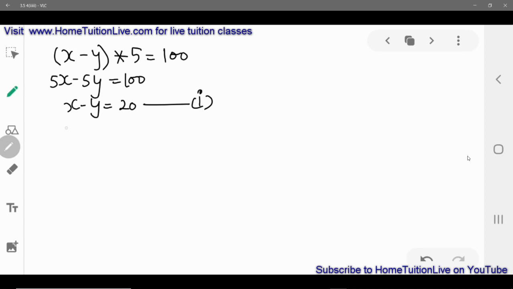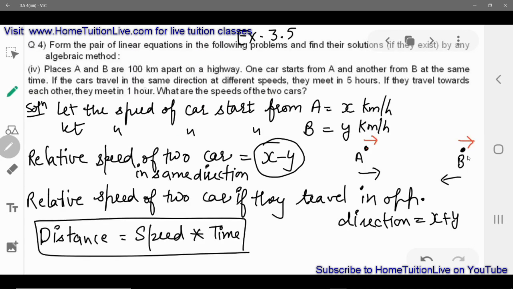Now for the second equation, we should read the statement. If they travel towards each other, they meet in 1 hour. That is, the speed of the cars in the opposite direction is x plus y. Because this direction is the opposite direction, the speed is x plus y. So speed into time: speed is x plus y, time is 1, and distance is 100 km.